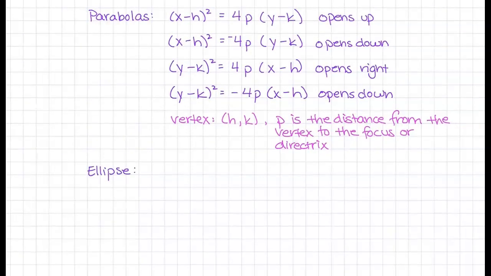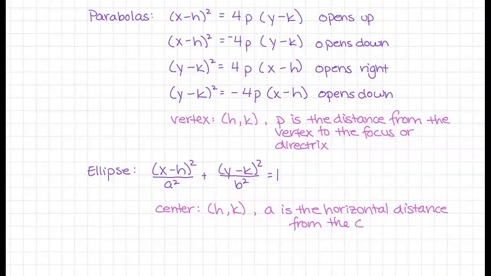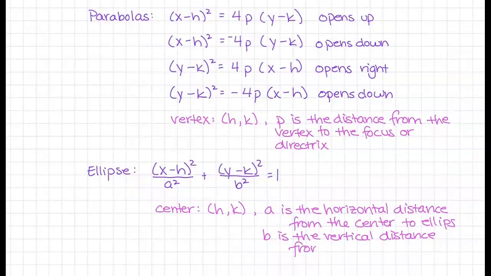Then we had the ellipse. In the ellipse, the equation was (x - h)^2 / a^2 + (y - k)^2 / b^2 = 1. And the important parts here are h, k, a, and b. So the center of the ellipse is at (h, k). And a is the horizontal distance from the center to the ellipse, and b is the vertical distance from the center to the ellipse.